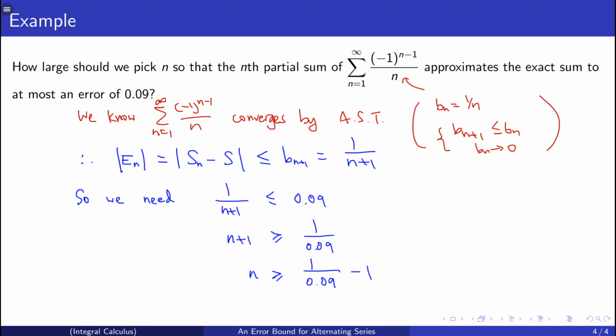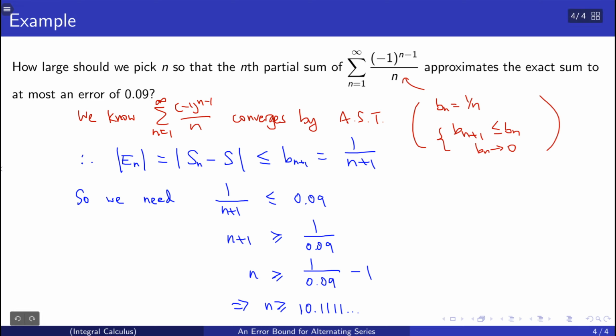And so I'm looking for my calculator here so I can calculate this value. 1 over 0.09 minus 1. So that tells me that n must be at least 10.1111. Right? Because that's the value that will guarantee that b sub n plus 1 is smaller than 0.09.